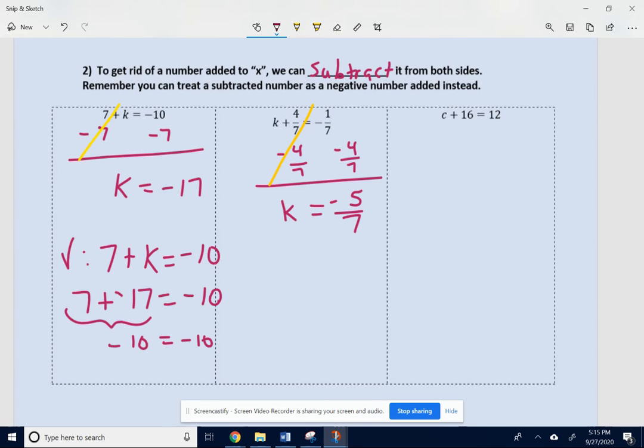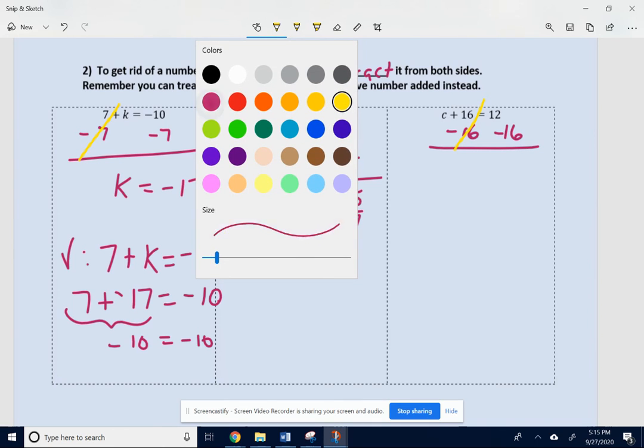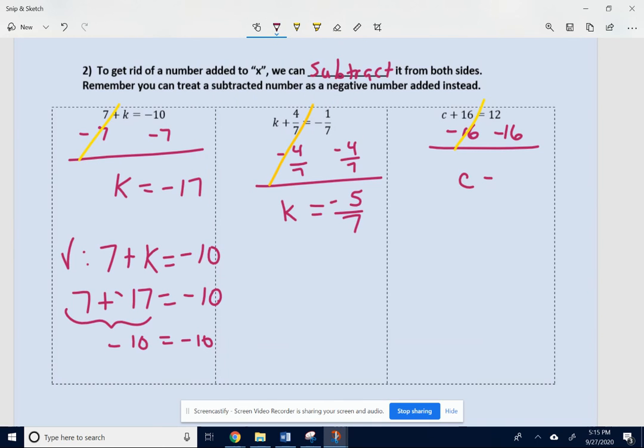The third problem, c plus 16 is equal to 12. We want to get rid of the added 16. To get rid of an added 16, we subtract 16. The added 16 and the subtracted 16 go away. We're left with c on the left.